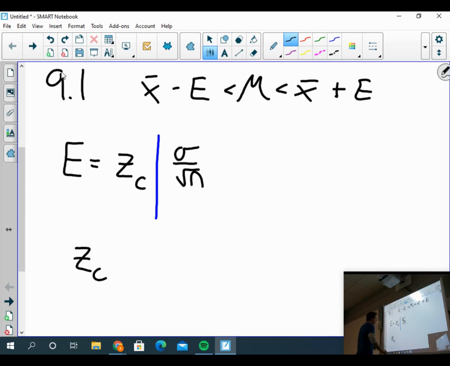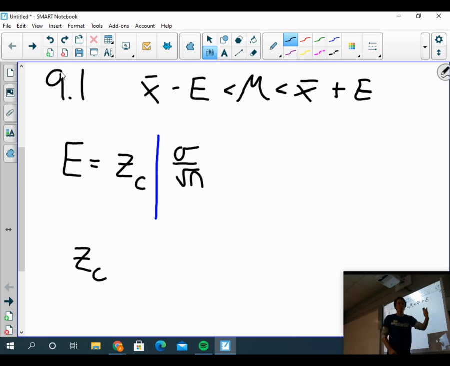Because in 9.1 we're working with large samples, the sample size is greater than 30, so the normal distribution approximates our sampling distribution very well, which we didn't talk a ton about. What do I mean by sampling distribution?